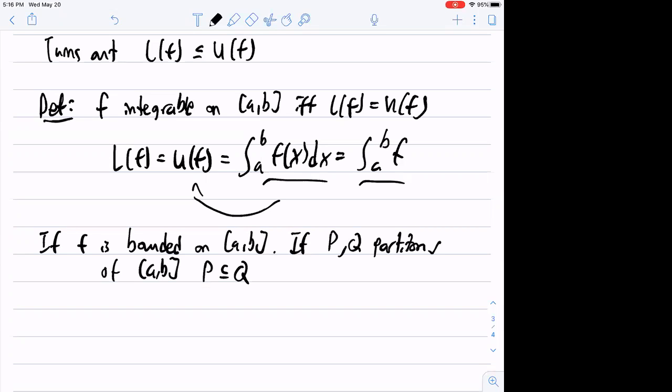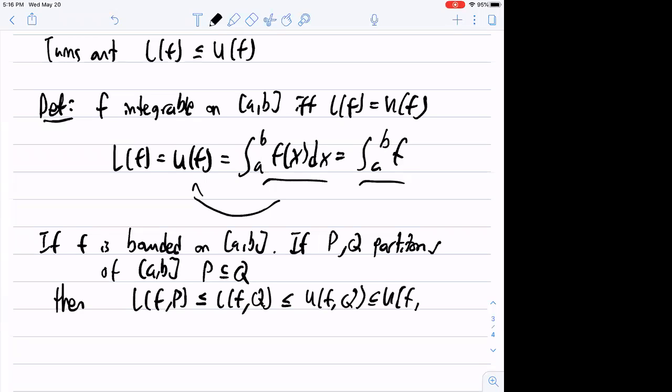A partition is a set of ordered points, right? So to be contained means all the points of P are points of Q, yeah? So what does that mean then? L of f, P is, so you get a better approximation, right? Because remember, we're taking the sup of the L of f's. So getting a better partition should get you closer to the integral, right? And U of f, Q is less than or equal to U of f, P.